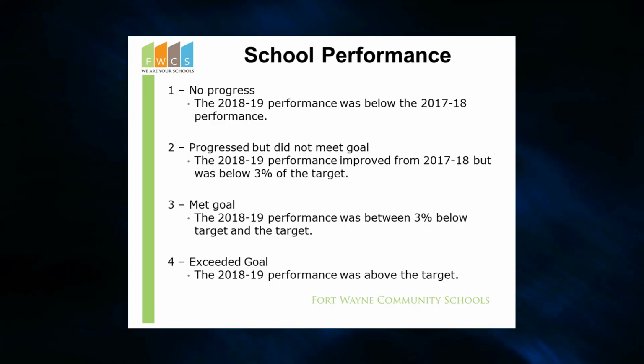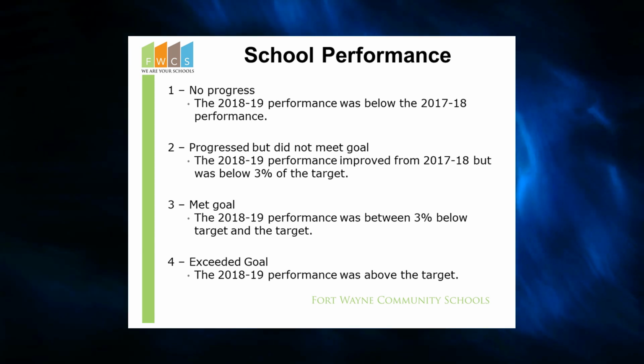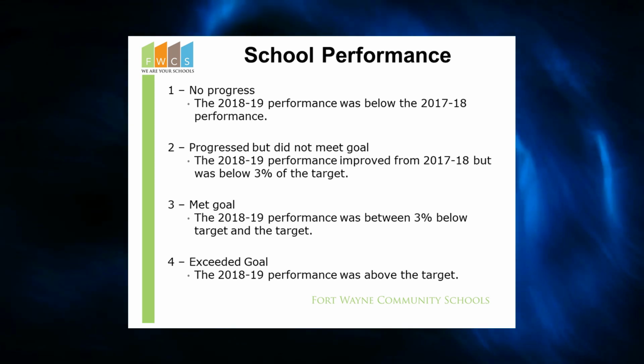The 2018-19 goal performance was compared to both the goal target and the 2017-18 performance as specified in the school improvement plan. If the performance was below the 2017-18 performance, a score of 1 was assigned to the goal.